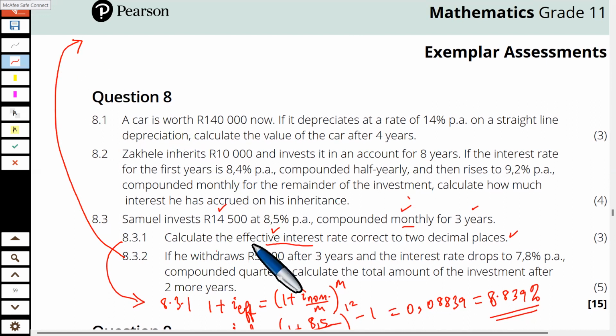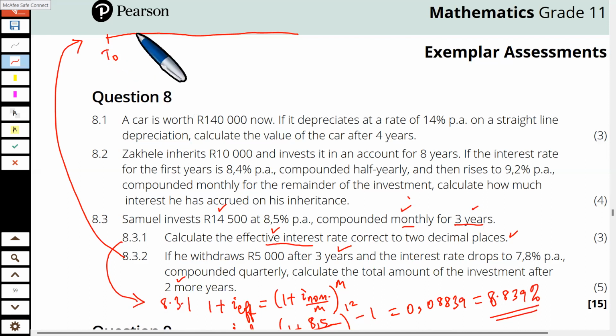We're going to realize that Samuel is doing an investment and he invests 14,500 at 8.5% per annum compounded monthly, but this investment is for 3 years. I said yesterday, and I'm going to say again, if they give you a question like this, where they give you 3 years, and then they mention 2 more years, and then they mention 5,000 after 3 years, you need a timeline for this just to avoid confusion.